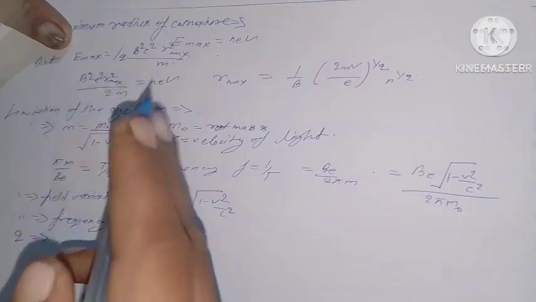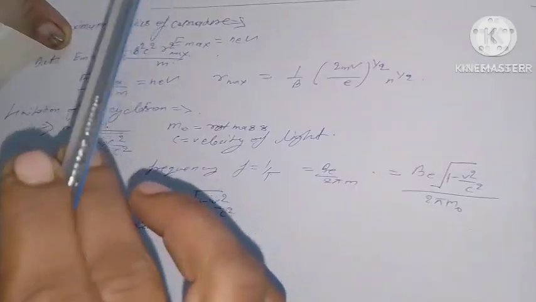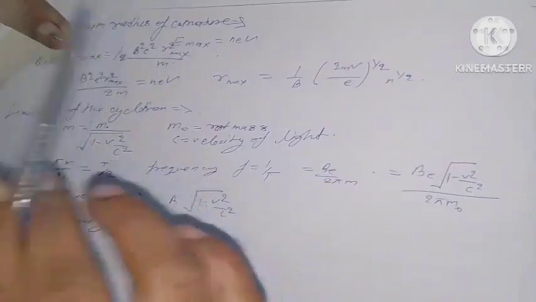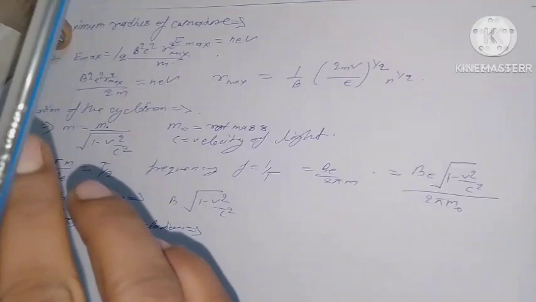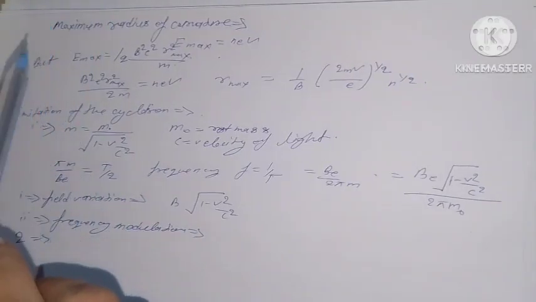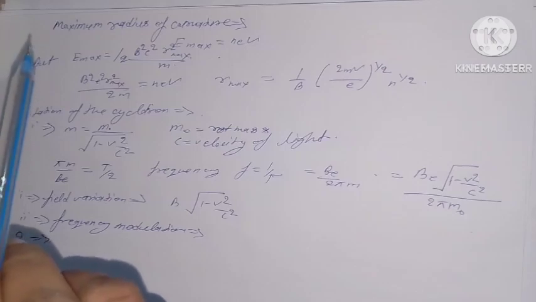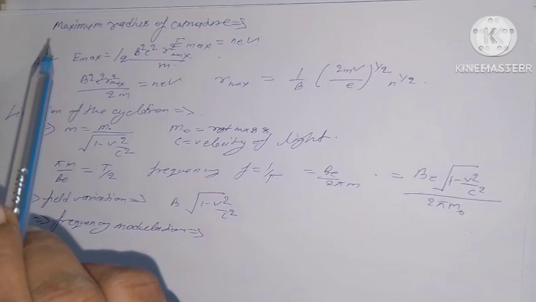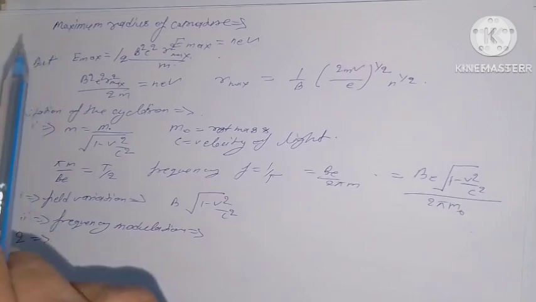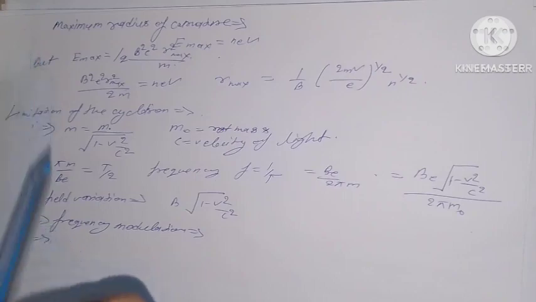For example, a 10% increase in the rest mass of the electron takes place at an energy of 50 kiloelectron volts only. Electron being a very light particle, there is an appreciable increase in its velocity at low energy, which is not the case with massive particles like the proton or the alpha particles.